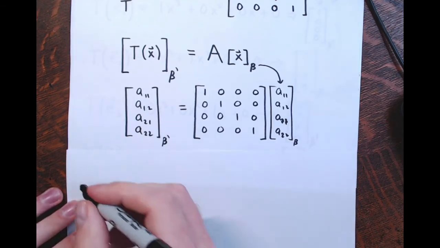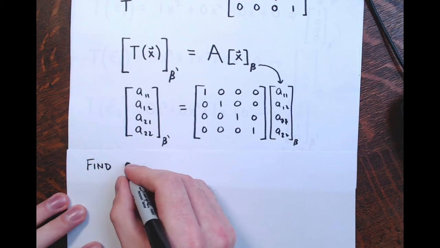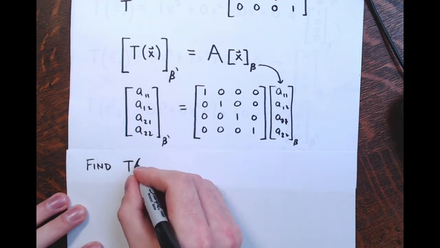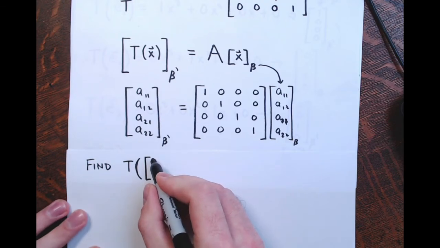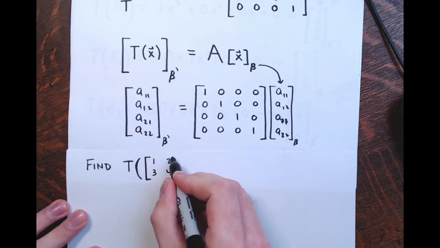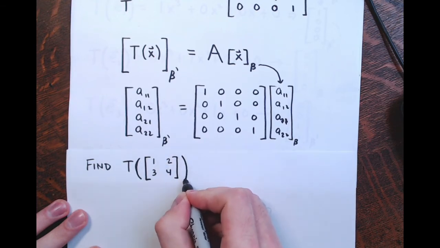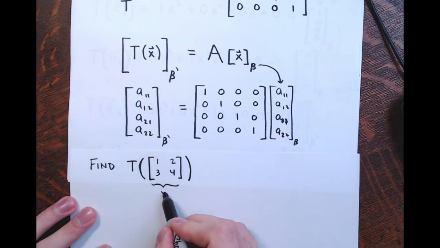So let's say, for instance, I wanted to find T of this matrix, say 1, 2, 3, 4. So again, this would be my vector x.